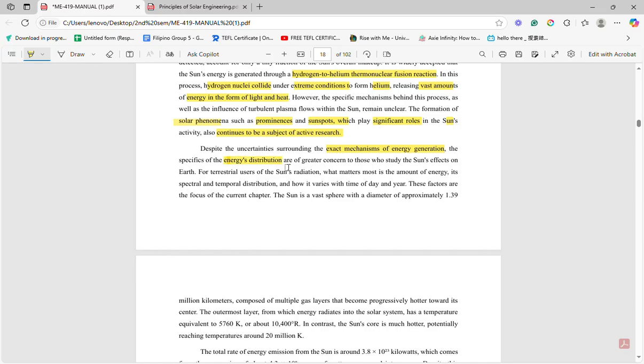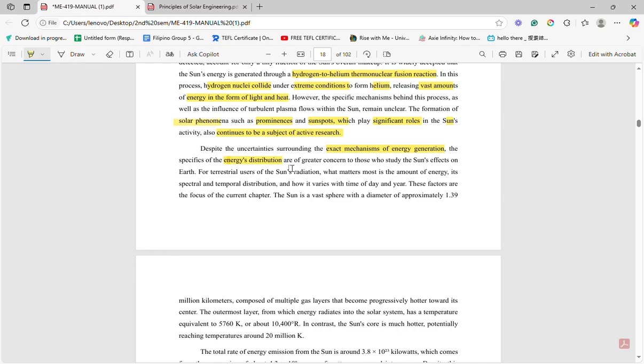Because again, our target is to harness this maximum energy depending on our location. So the main study that we are doing is to have that energy distribution, so that we know where to install, at what location does the solar energy hit, so that we can capture the most.